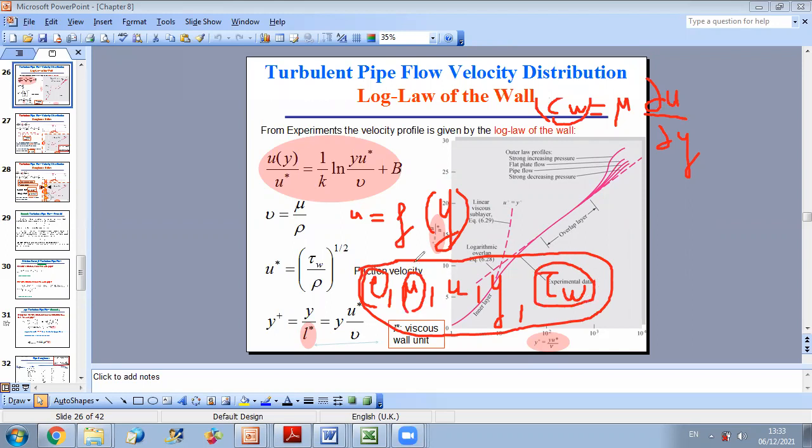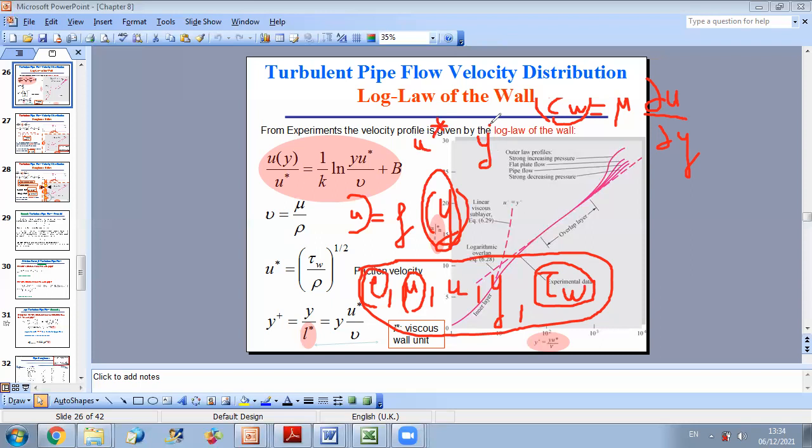Why can we do this selection here? Because what is our purpose at the end? It is to find u as a function of y. So if we want to perform a dimensionless analysis, we can come up with a dimensionless number u star related to velocity and a dimensionless number y star related to y.